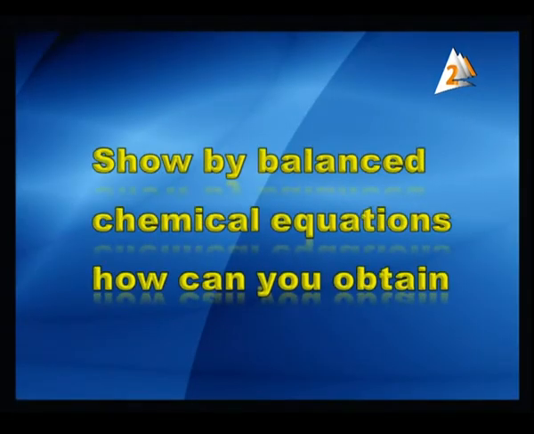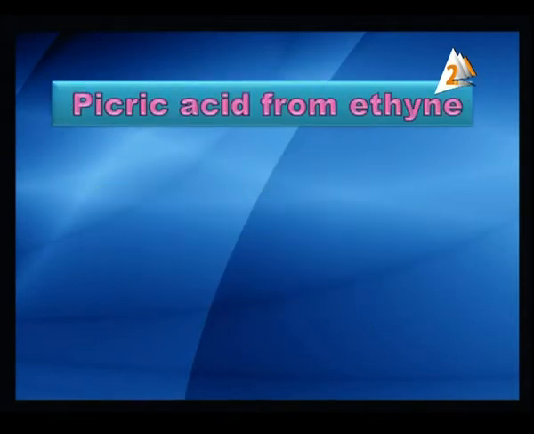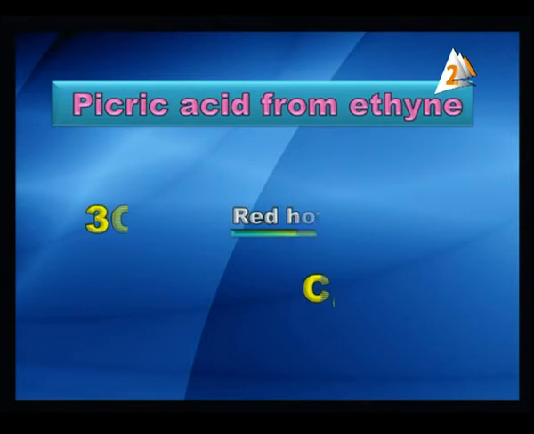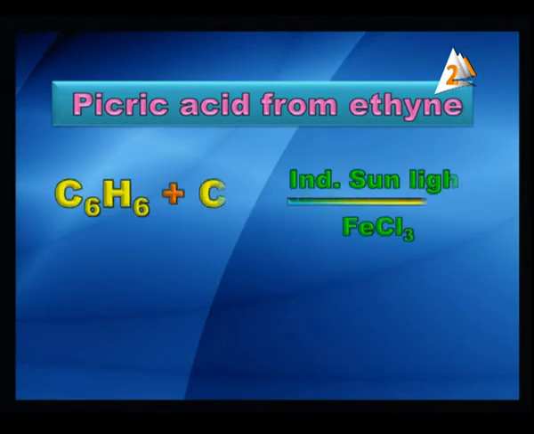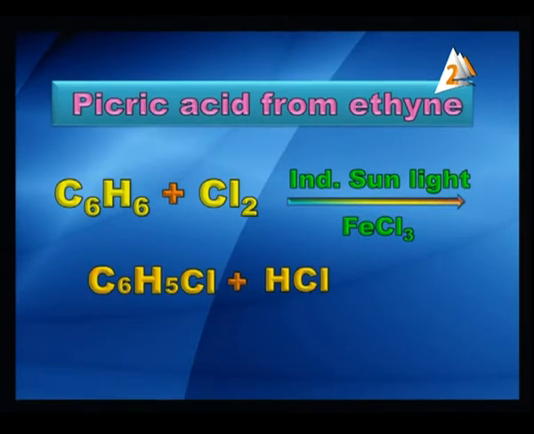Next type of question. Show by balanced chemical equation. How can you obtain picric acid from ethyne? Here, on trimerization of ethyne in a red hot nickel tube, it gives benzene. Then, benzene reacts with chlorine in the presence of iron 3 chloride, it gives chlorobenzene and hydrogen chloride.